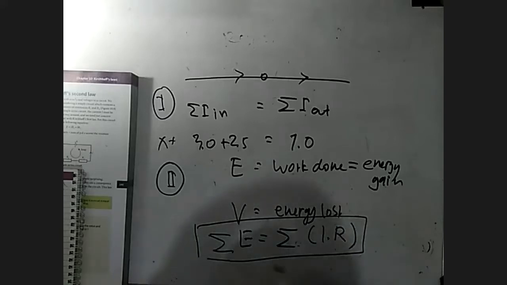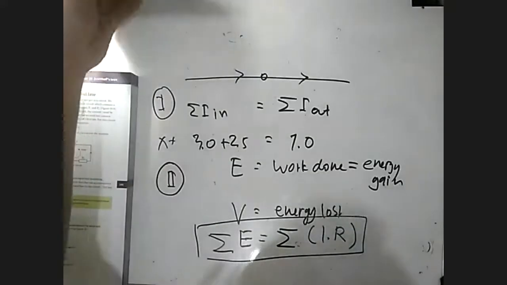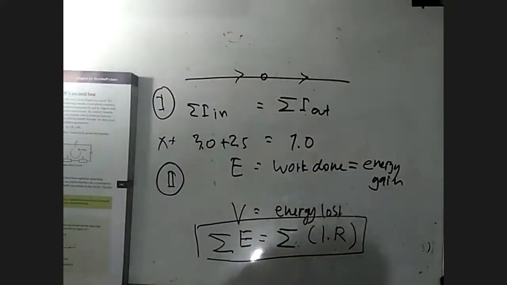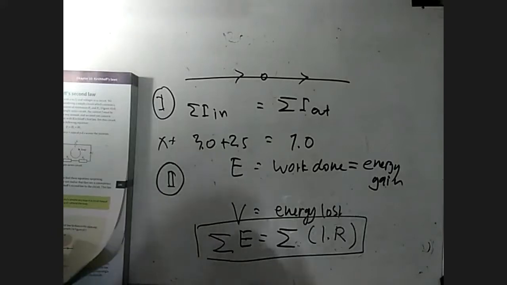I repeat, the total energy gained by a charge as it goes around a loop is the same as the total potential difference across that loop. That is because of the conservation of energy. So the energy gained in any loop must be the same as the energy lost in that loop.